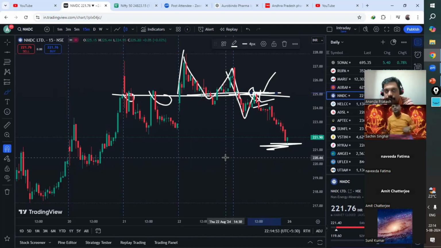Futures and options are a totally different ball game. As I told you, we are talking about equity. Futures are traded for a certain purpose. Let us say I have invested around 10 crore rupees in Reliance.